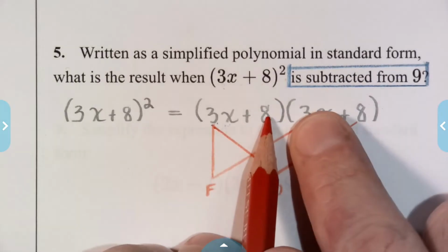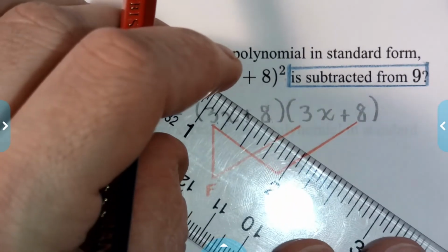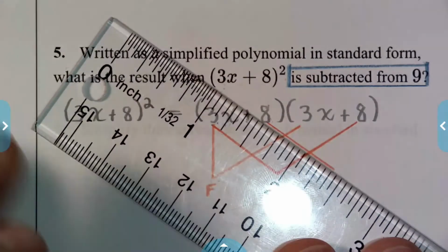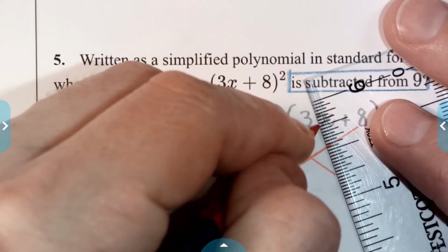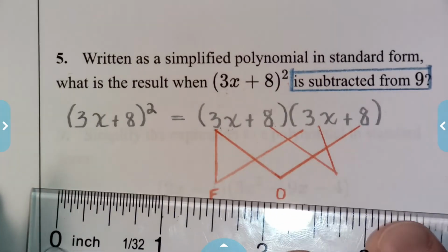Here are the inner two terms, 8 times 3x. That's the I of FOIL.